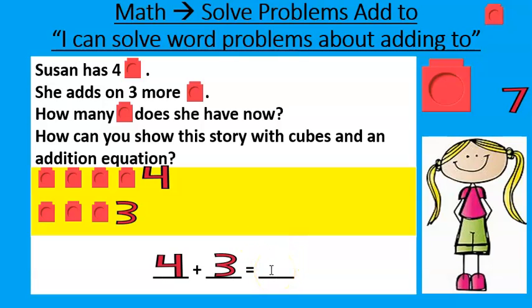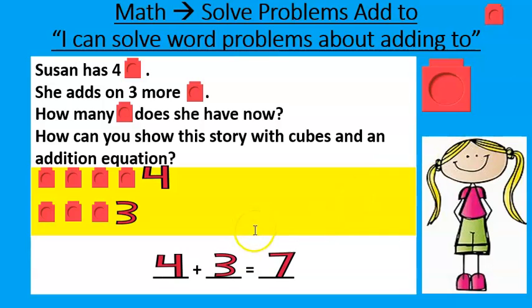To get this number, we have to count up all the cubes, okay? Let's count it together. 1, 2, 3, 4, 5, 6, 7. So boys and girls, we have to get 7 and put 7 there.